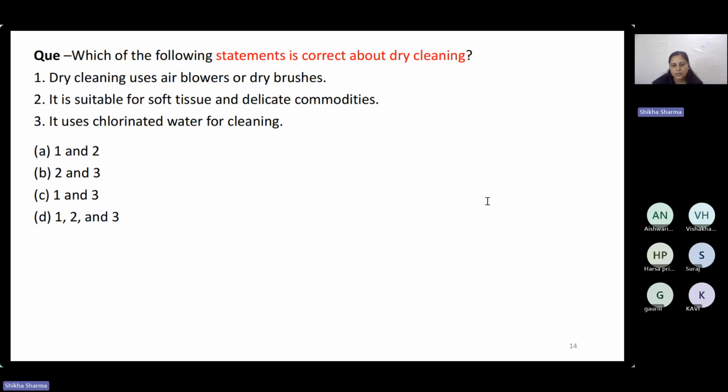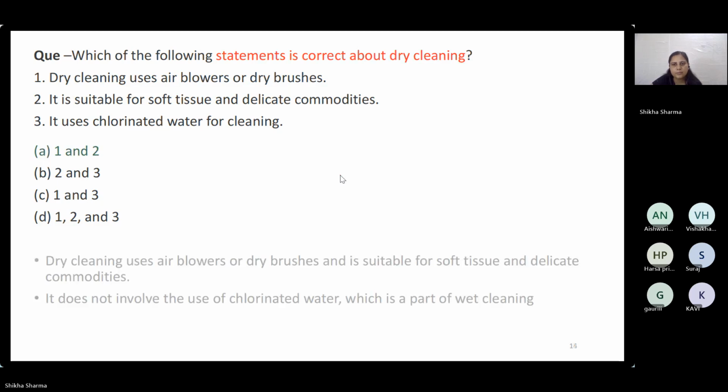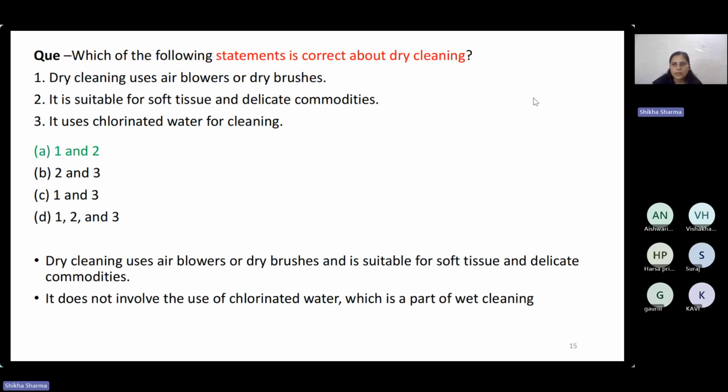Suraj is saying A, 1 and 2. Dry cleaning uses air blowers or dry brushes and it is suitable for soft tissues and delicate commodities. Okay, Vishakha is also saying 1 and 2. So you guys are correct. 1 and 2 are correct. We already discussed this in detail.